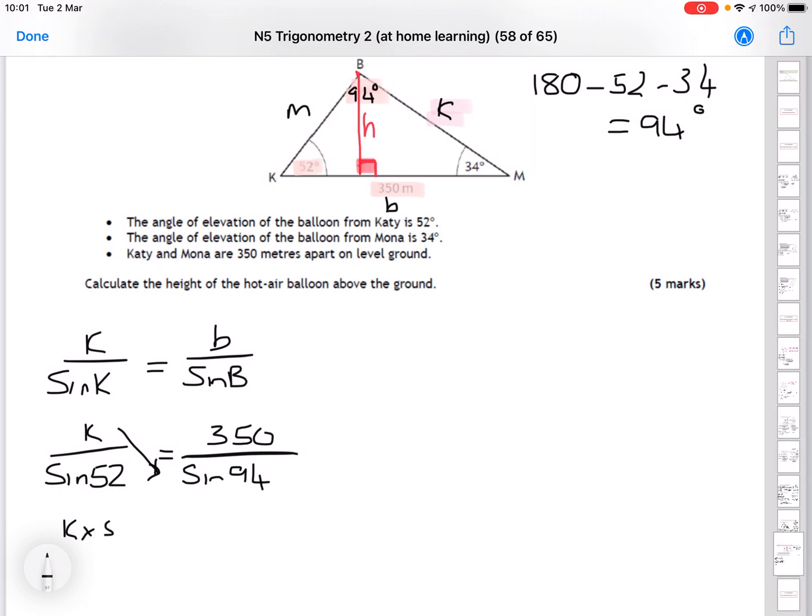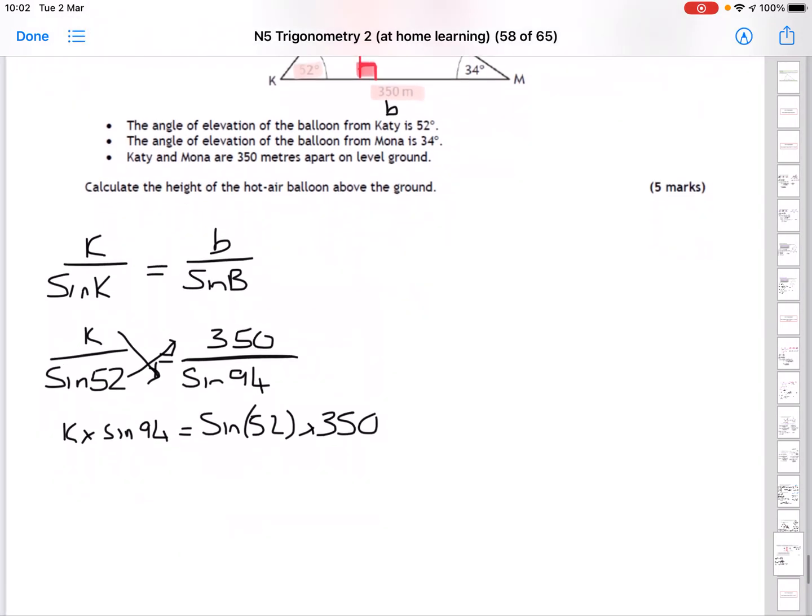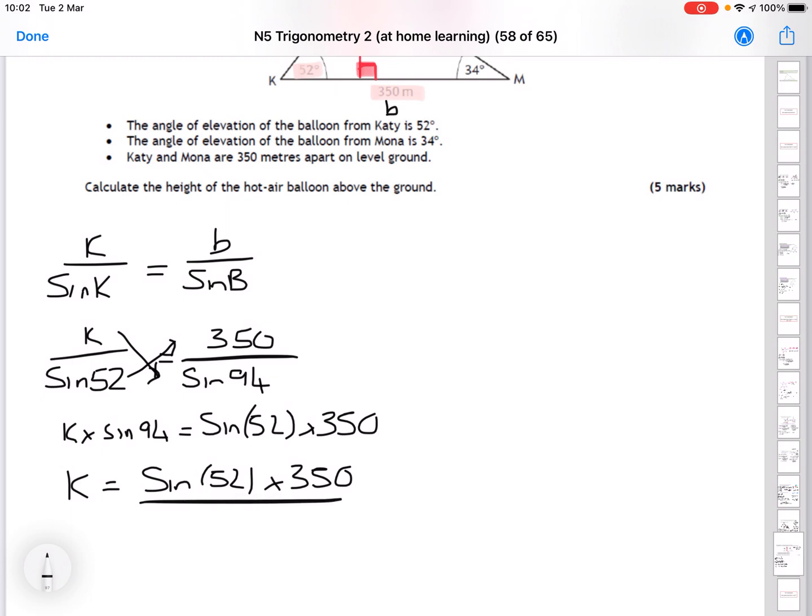So K times sine 94 equals sine 52 times 350. Then the last step to find K would just be to divide by sine 94. So sine 52 times 350 divided by sine 94. So for side K, we have 276.5 metres.